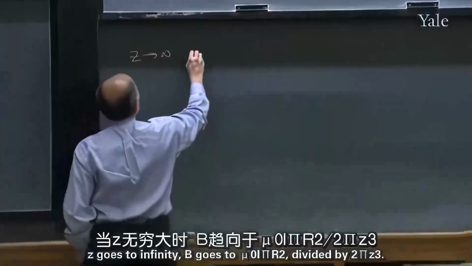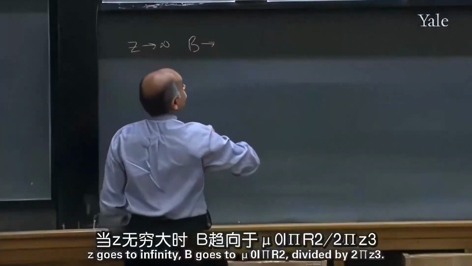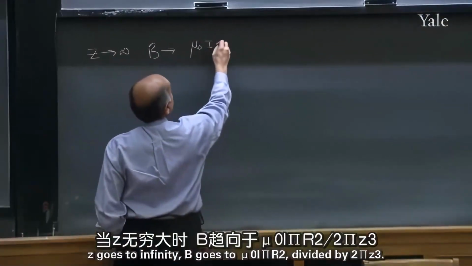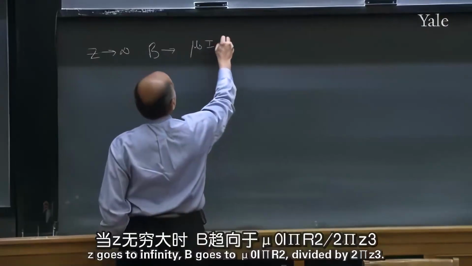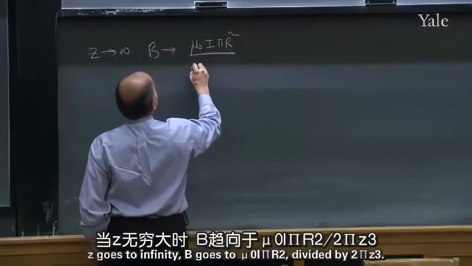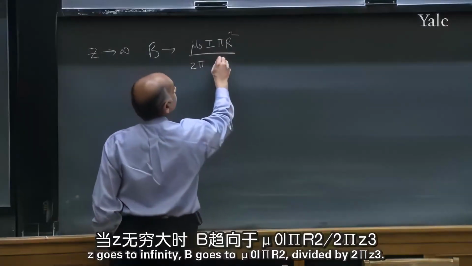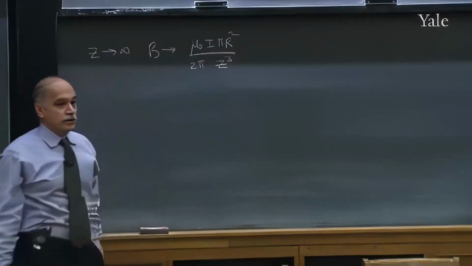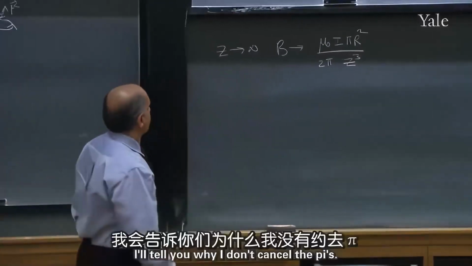Z goes to infinity, B goes to mu 0 I pi r squared divided by 2 pi z cubed. I'll tell you why I don't cancel the pi's.